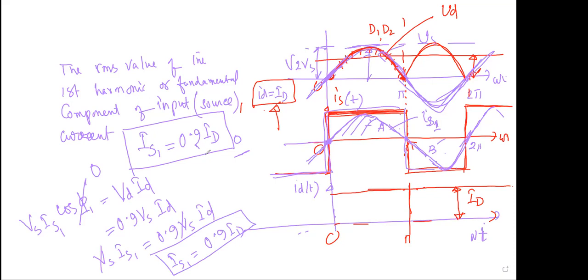If you have a rectangular wave like this, and this is your IS, this is your pi, and this is your minus pi, and this is your capital ID. What will be the RMS value of IS?